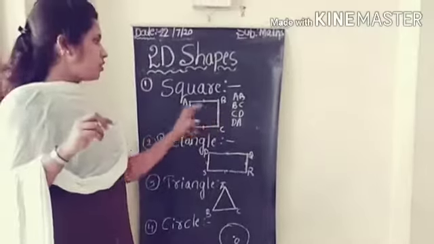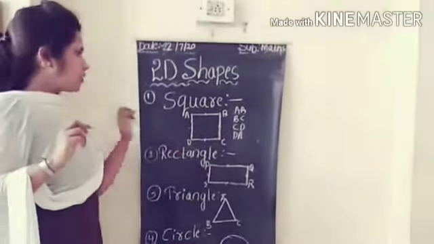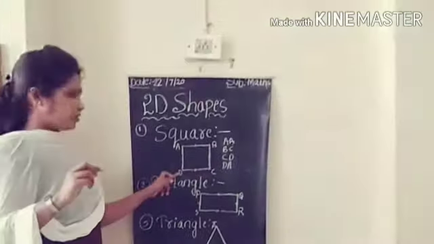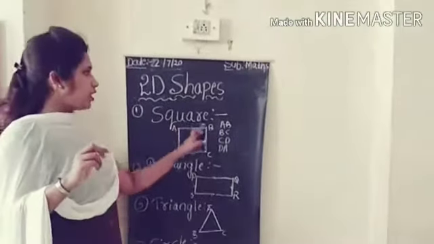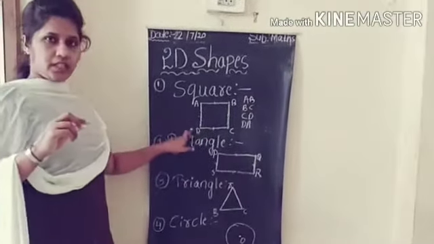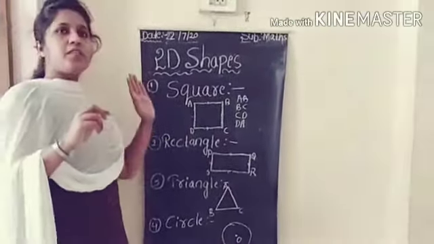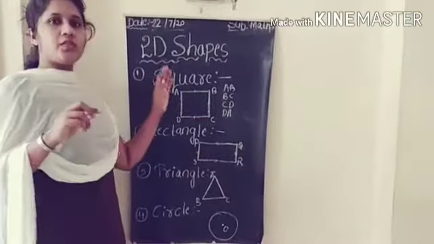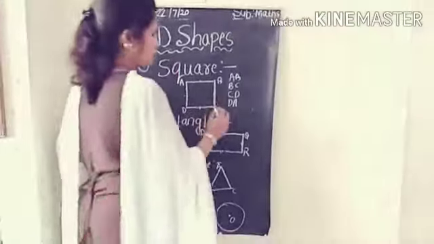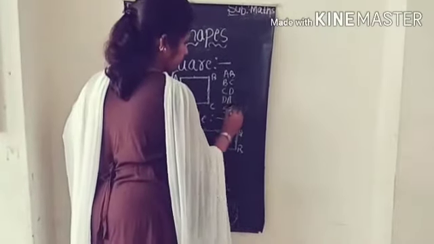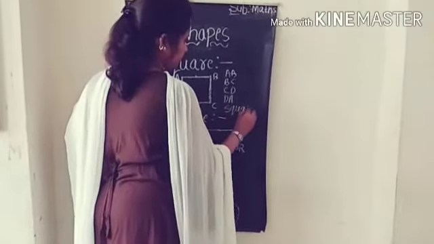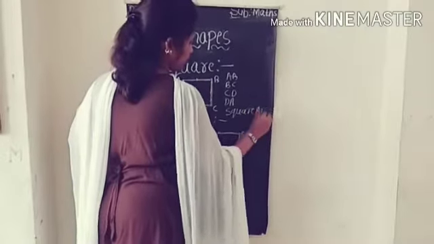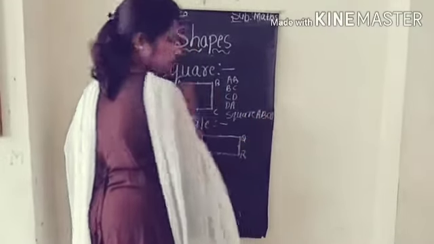It has 4 corners. They are A, B, C, D. Understood? We name the square using its corners. Square A, B, C, D.